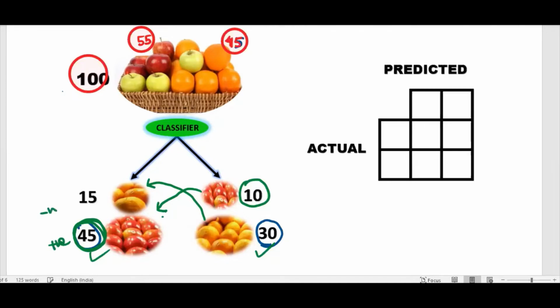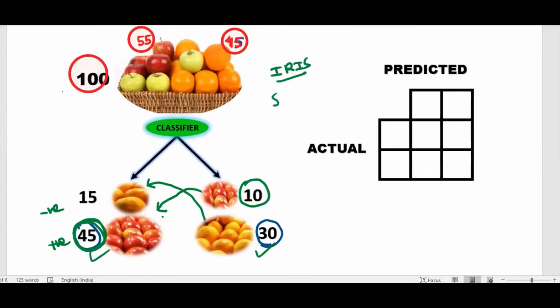this is your negative. Positive negative concept is only there in a binary classifier. If you want to classify into two parts, then positive negative stuff will come. Otherwise, you'll have 3 or 4. Will not be able to write positive negative. One of my students asked me, in IRIS data set, we have 3. If you see this one, we have 3 here.